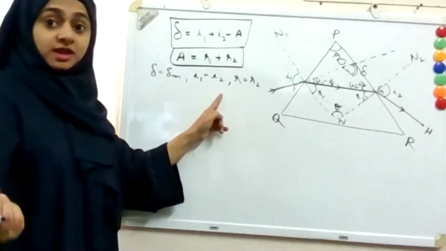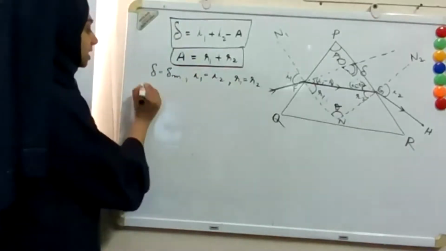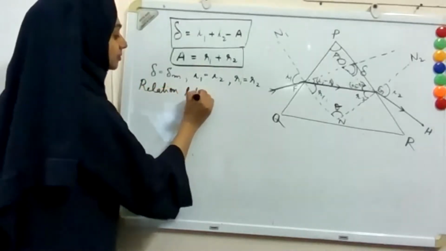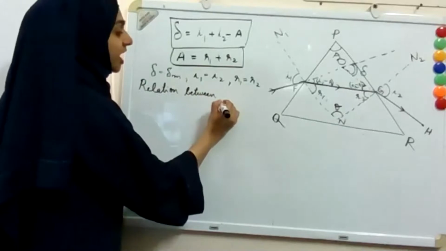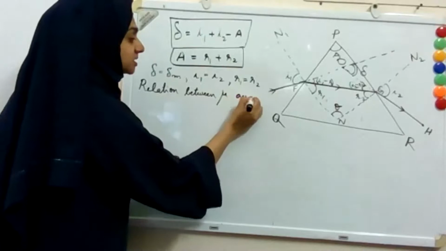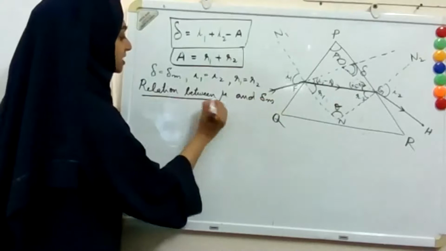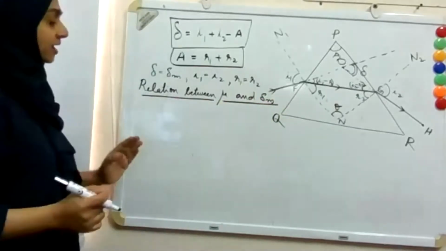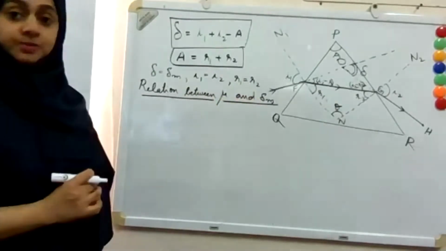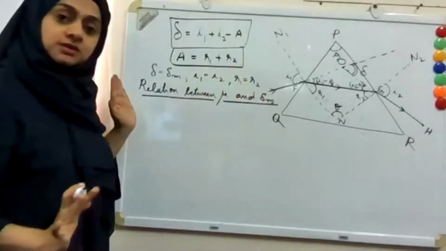We have seen that condition. Now with these conditions, let us find a relation between the refractive index of the medium mu and the angle of minimum deviation. And we know this equation and this condition.